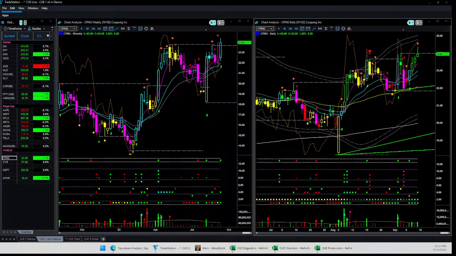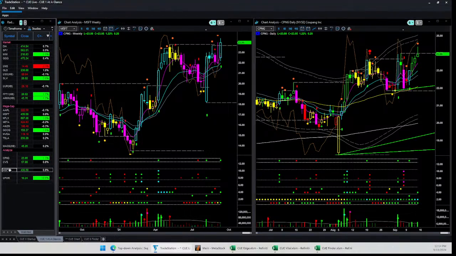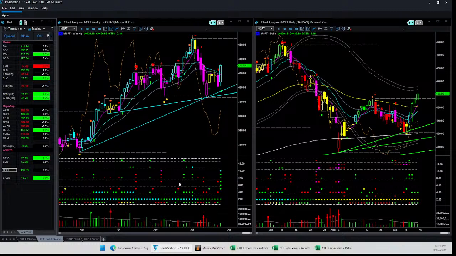That was CPNG, that was CVS, and let me show a stock that I bought along the way. An easy stock, Microsoft. Remember, the leaders index recovered first. Mega caps were also doing well.